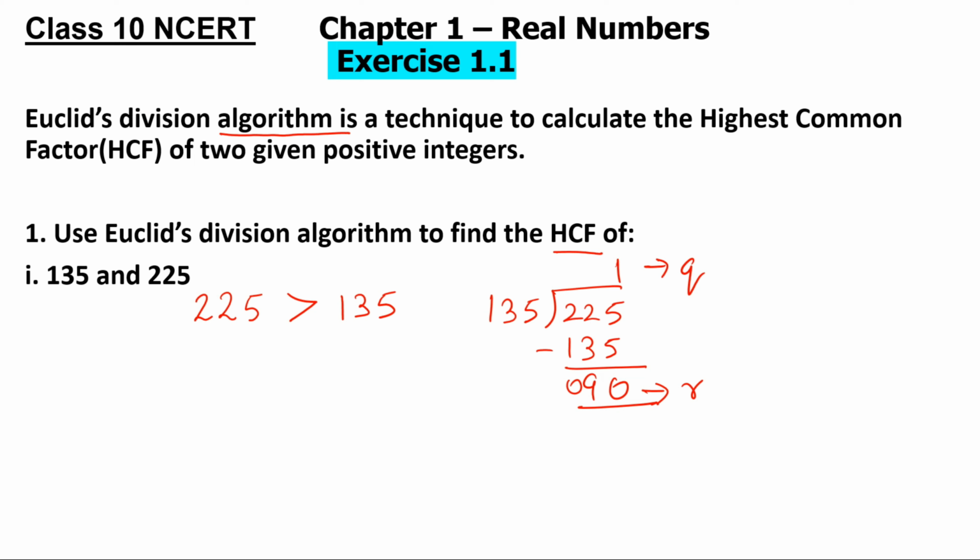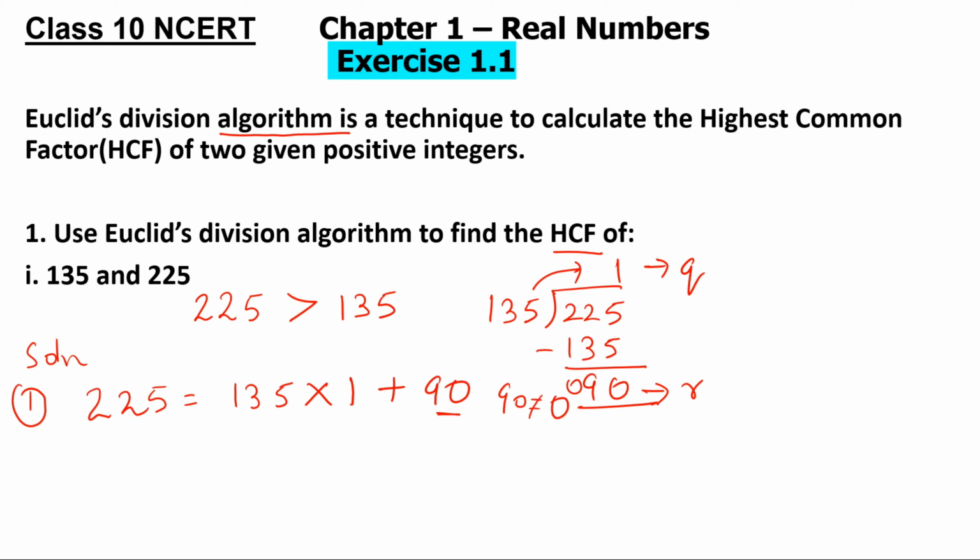Now, in the first step, we write 225 as 135 times 1, that is divisor times quotient, plus remainder. The remainder here, 90, is not equal to 0, so we are going to repeat the step.